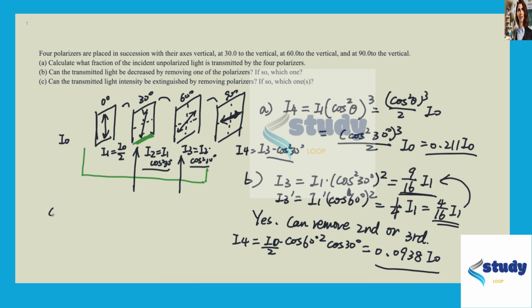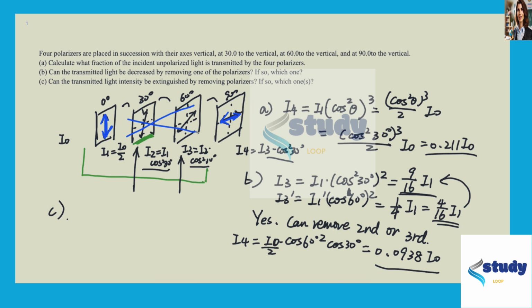What about part C? Can the transmitted light be extinguished by removing polarizers? Yes, of course, because by observing, we see that this polarizer is completely vertical, and this polarizer is completely horizontal. If we ignore the two in the middle, you have unpolarized light first passing through a vertical one and then passing through a horizontal one.